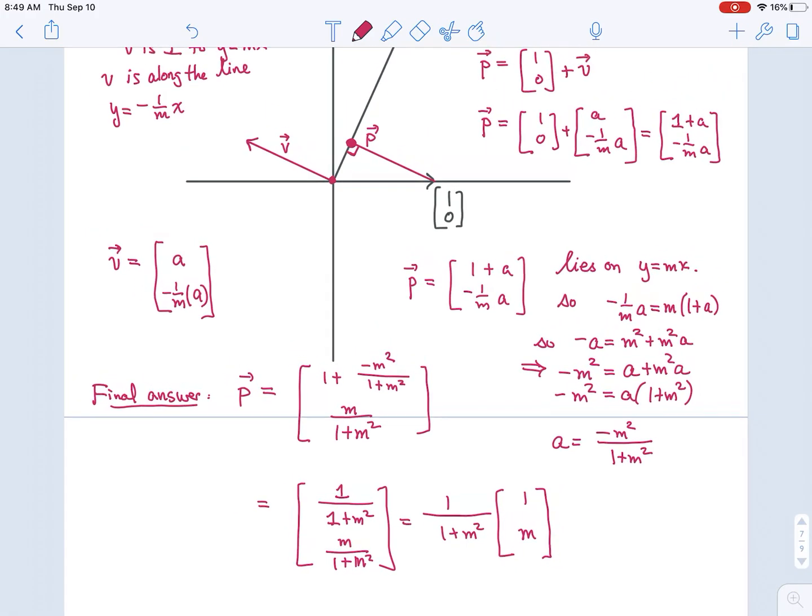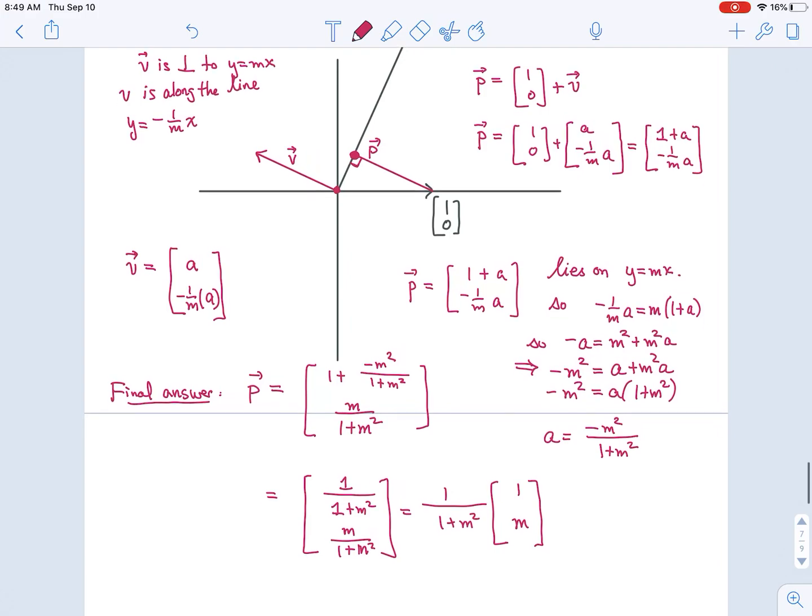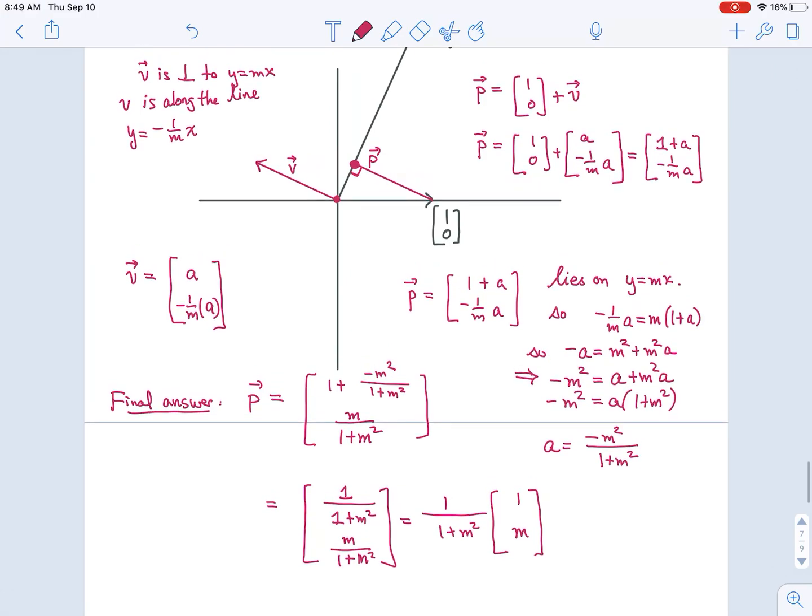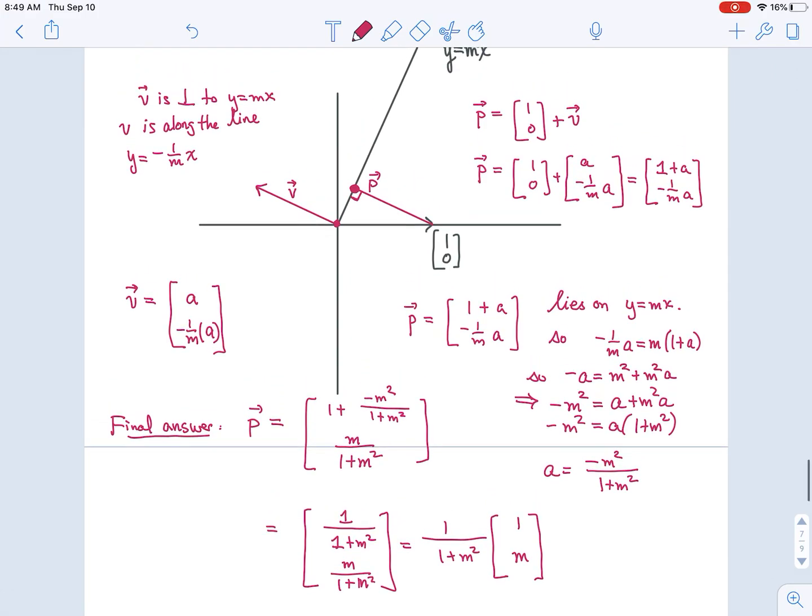And so at the end of the day, we have a beautiful coordinate of this point. It clearly lies on that line y equals mx because the y coordinate is going to be m times the x coordinate. And so we have figured out what the coordinates of that point P are going to be.